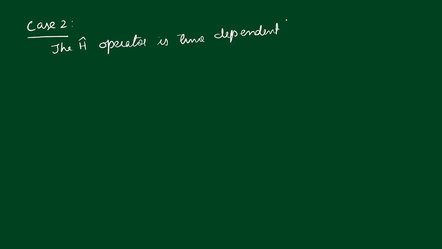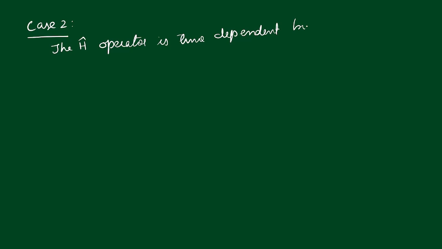Okay, finite time translation. Now the other case, we won't go into the details, but this is also pretty obvious. Okay, case 2 is the case where the Hamiltonian operator is time dependent. Hamiltonian operator is time dependent.